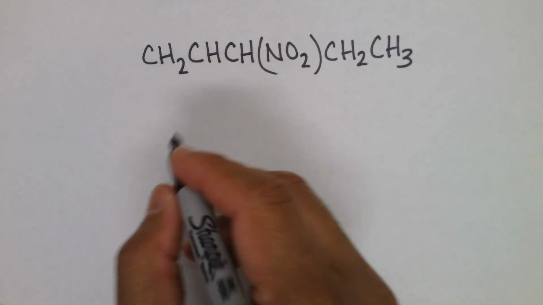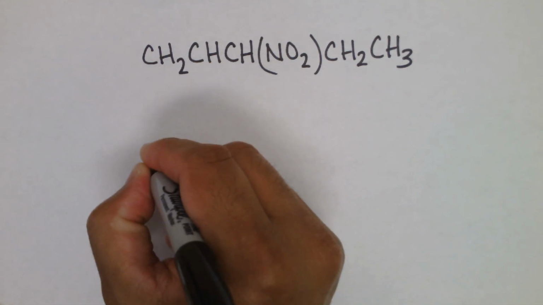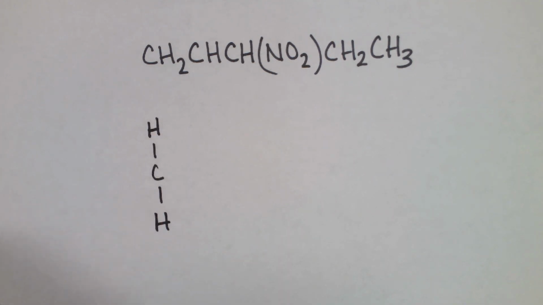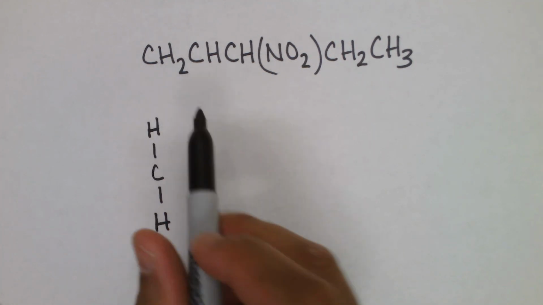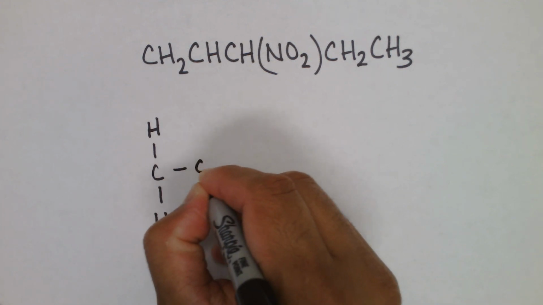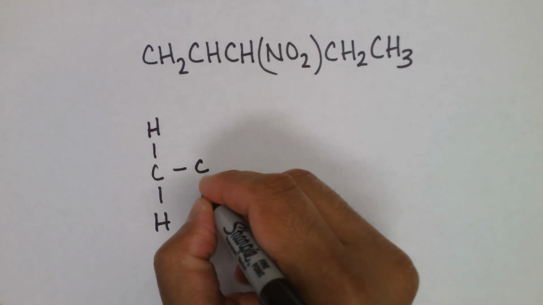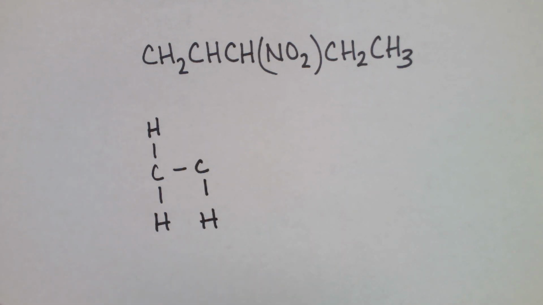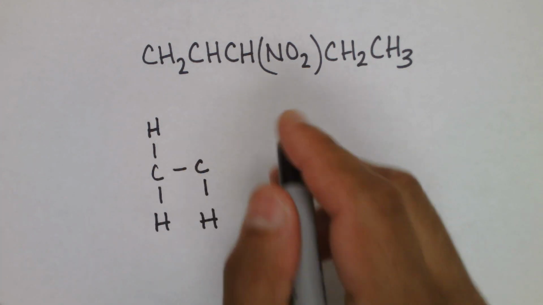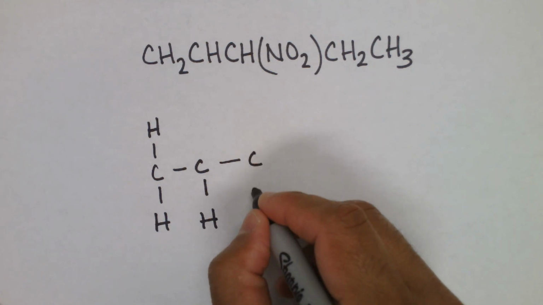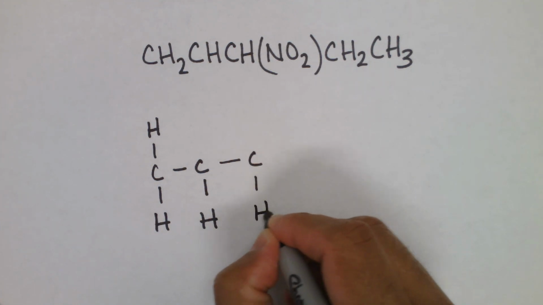So we'll start with the CH2 at the end, this methylene group, CH2. But interesting, the CH2 group is bonded to this carbon, which is bonded to this hydrogen. I'll draw the hydrogen here. And we'll continue the chain, and you'll notice there's another carbon bonded to one hydrogen.